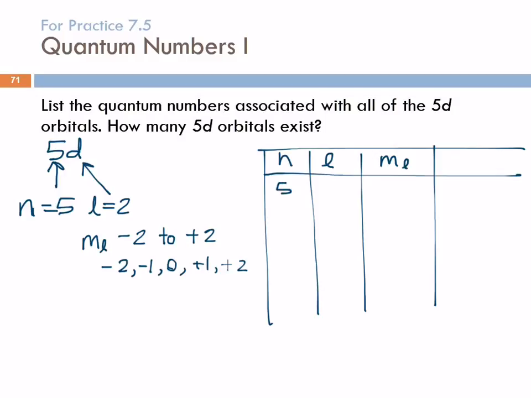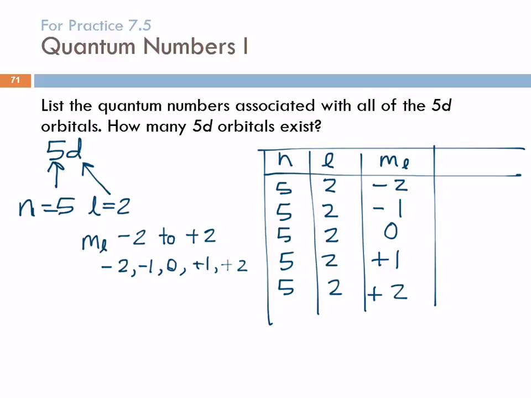So n is 5, l is 2, m sub l can be minus 2. The first two are going to be the same all the time for the 5D. Those are the quantum numbers for the 5 different orbitals.